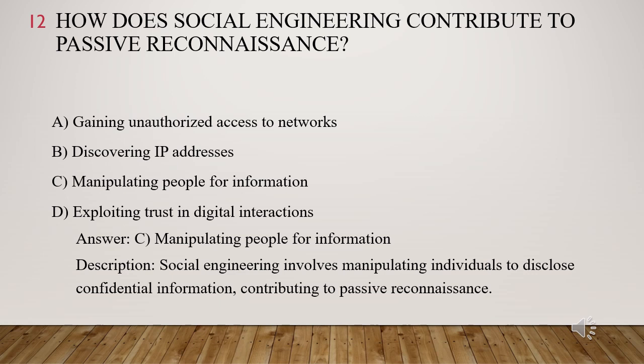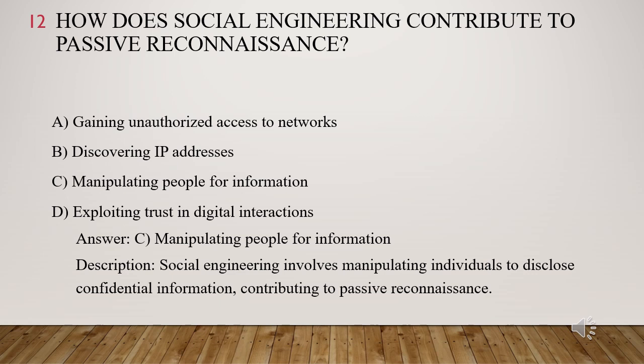Gaining unauthorized access to networks. While social engineering can be used to gain access to networks, for example phishing for login credentials, that's typically more associated with active reconnaissance where interaction occurs. Passive methods focus on gathering information without direct interaction. Discovering IP addresses.